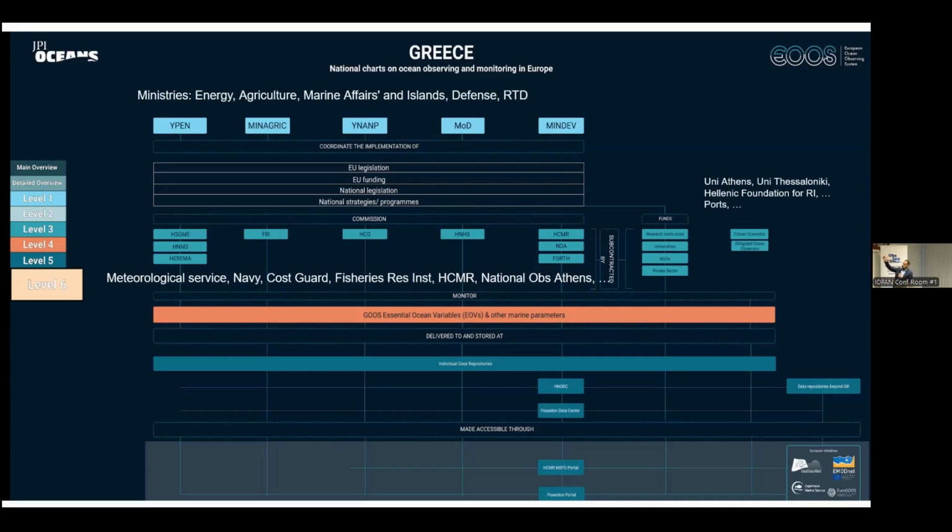And all this data is, of course, collected and organized according to the rules that are required by the ministry or the entity that is doing the job, down to some level of integration and sharing.